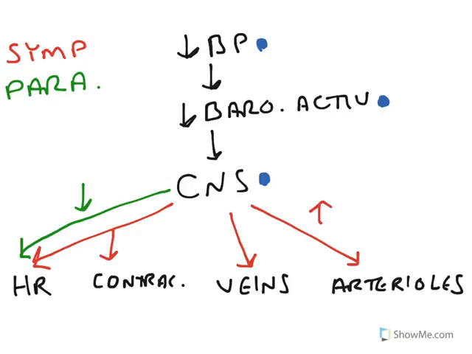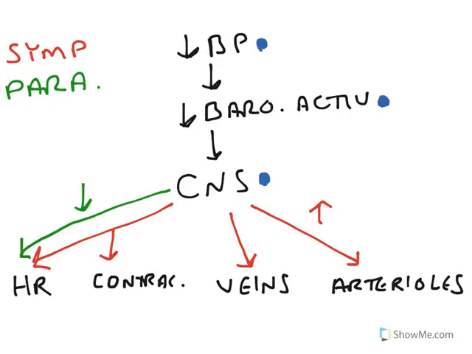These influences are primarily through sympathetic nerves in red and parasympathetic nerves, particularly the vagus, in green. Let's consider these two different responses. Generally, after a drop in blood pressure, the sympathetic activity will increase, as shown by the red arrow, and the parasympathetic activity will decrease.